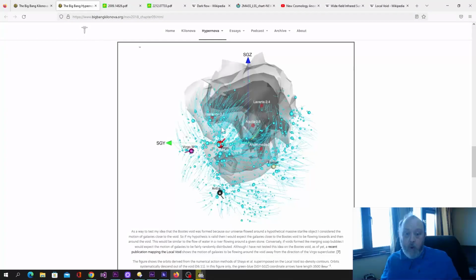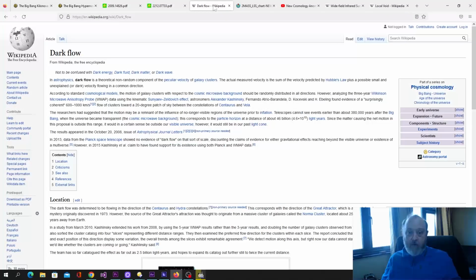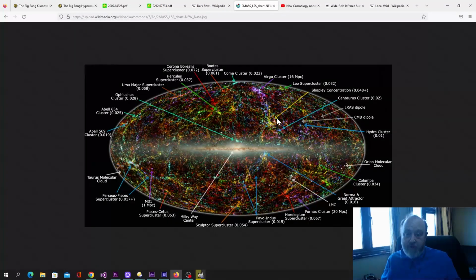All these arrows point in that direction, and from our point of view on Earth, we see the Milky Way galaxy moving in the direction of the constellation of Leo.